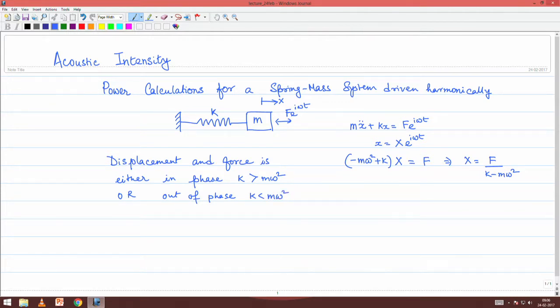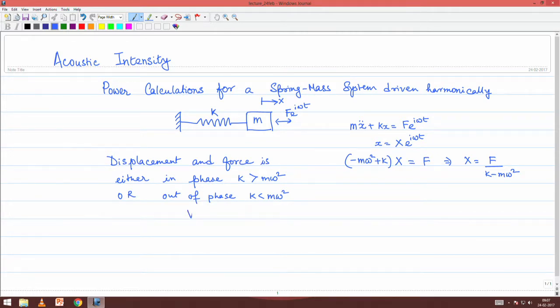So, for high frequencies the system actually behaves like a mass, whereas for low frequencies it behaves like a spring, because remember, for a spring the displacement has to be in phase with the force. If you had only the spring, kx equals f, which means the displacement and the force had to be in phase. Now, what about the velocities?